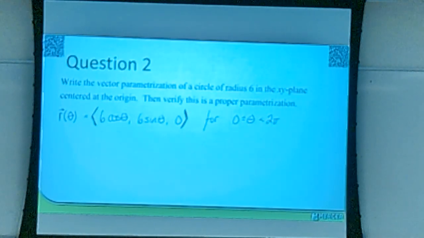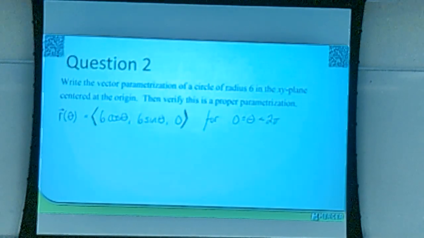You're not incorrect if you say less than or equal to 2 pi, but that repeats a point, which is why, to be mathematically correct, you don't ever return to 2 pi. But I don't care either way, whichever one.